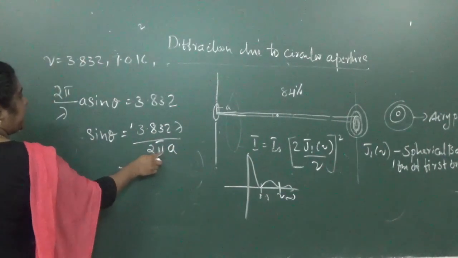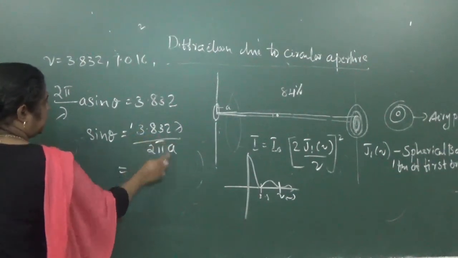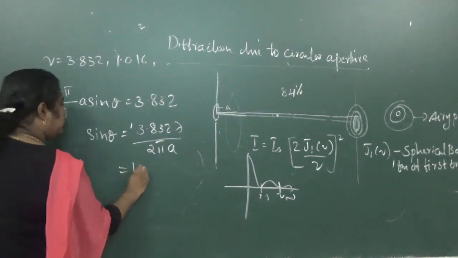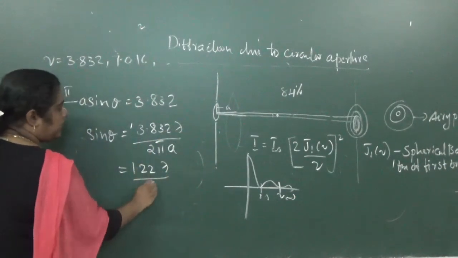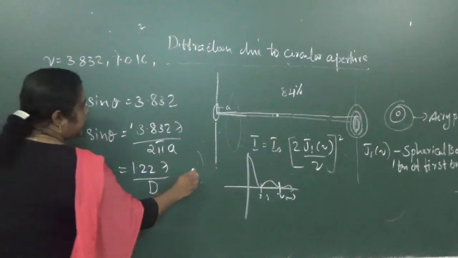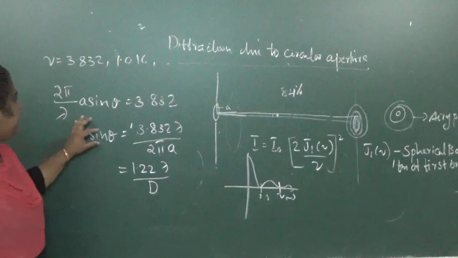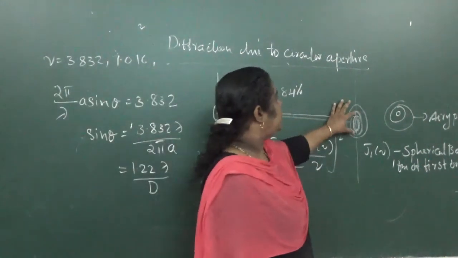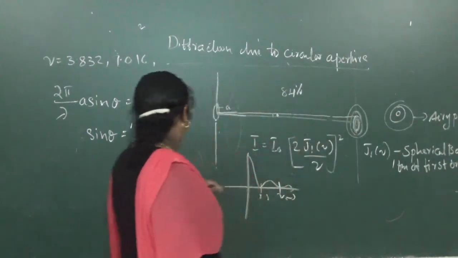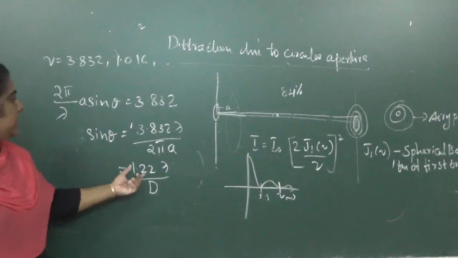If you calculate with pi equal to 3.14, dividing 3.832 by 3.14 gives you 1.22 lambda by 2a, that is, 1.22 lambda by d, where d is the diameter. So the angular divergence corresponding to the first dark ring is given by 1.22 lambda by d.